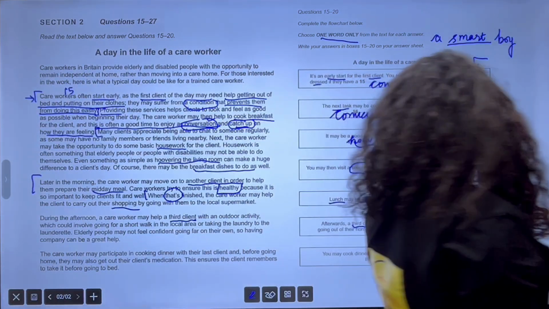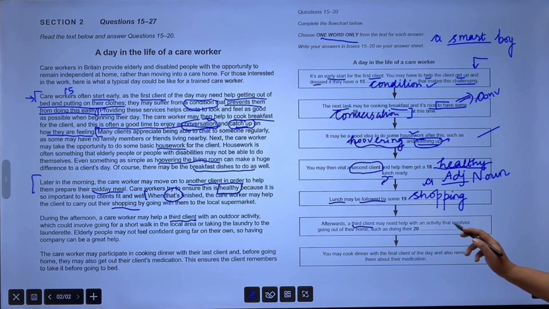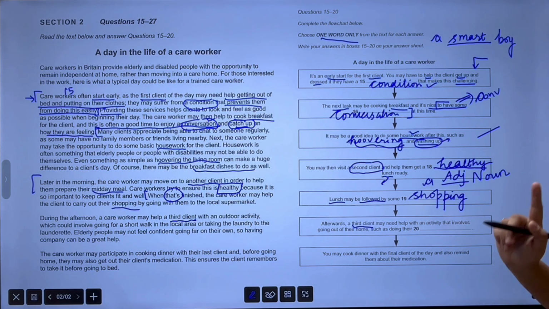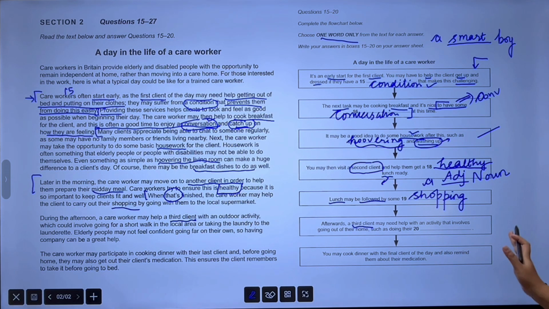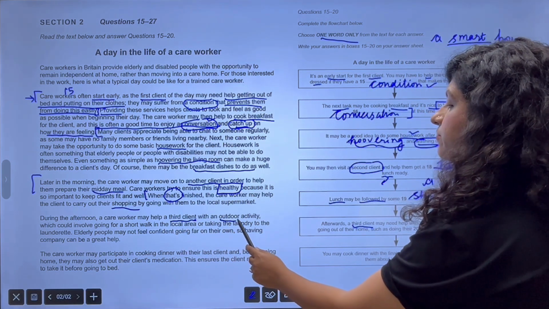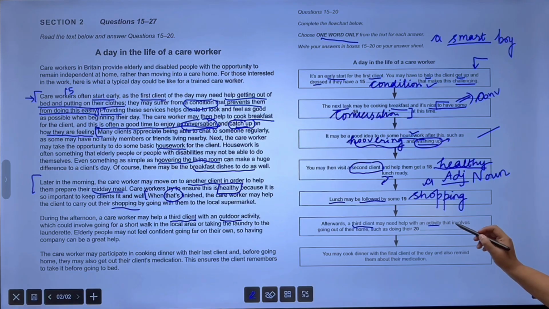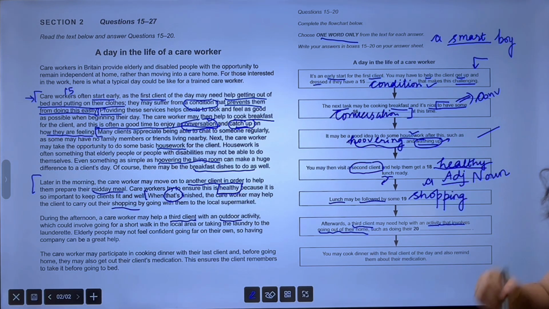Now what is that one activity that the third client may need help with? That we have to find, right? It says such as doing their something. So we have to find the activity that the third client might need help with. And we have the keywords outdoor activity, an activity that involves going out of their home. So it's paraphrasing.